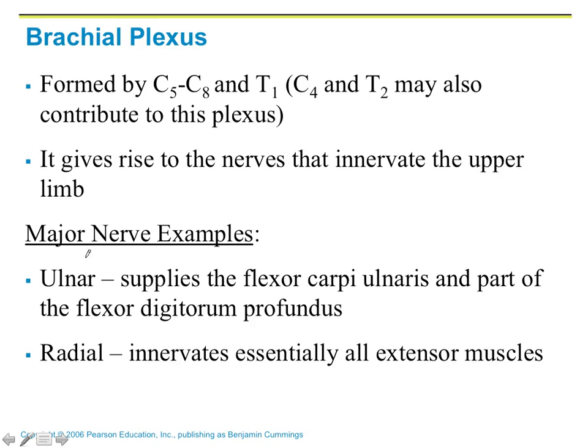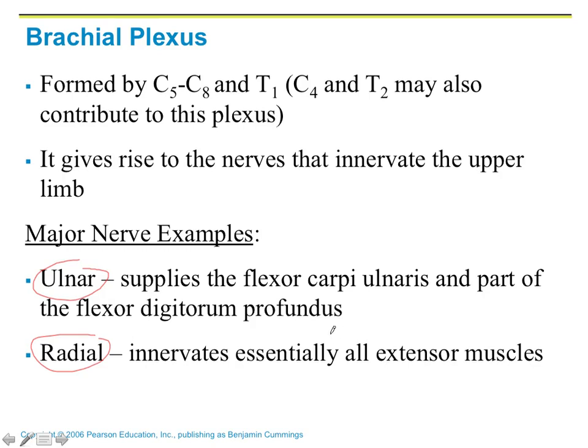In these nerves, there are two very important ones: the ulnar and radial nerves. We know these because when we study the skeleton of our bodies, we have the ulna and the radius, right? So we also have two important nerves named the ulnar and radial nerve.